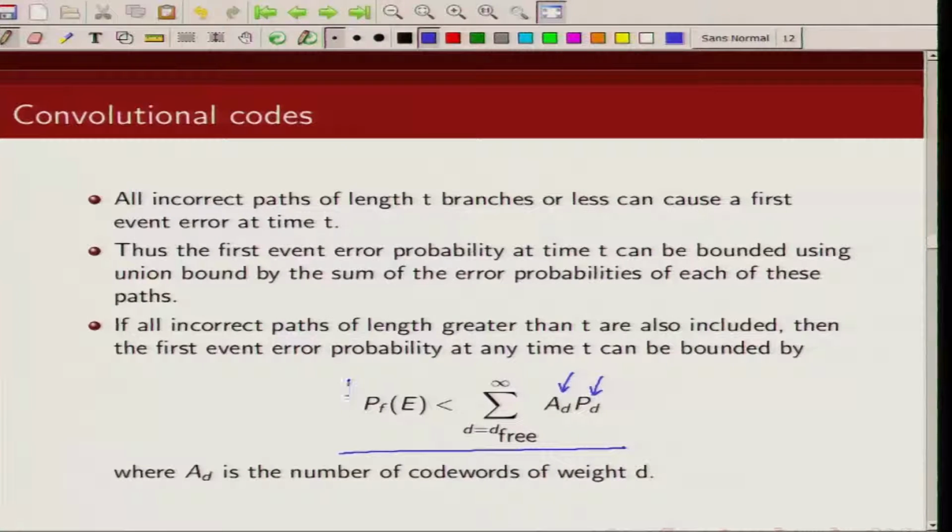So, this will give you an upper bound on the first error event probability. Now, can we make use of the weight enumerating function of the convolutional code to calculate this? This is what we are going to show.